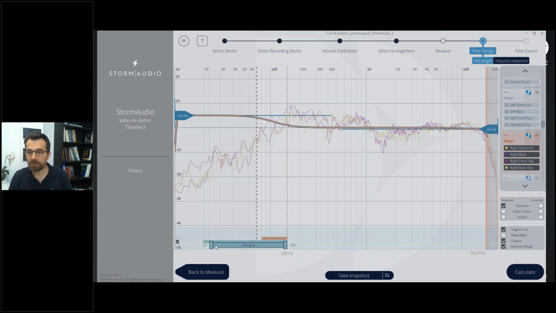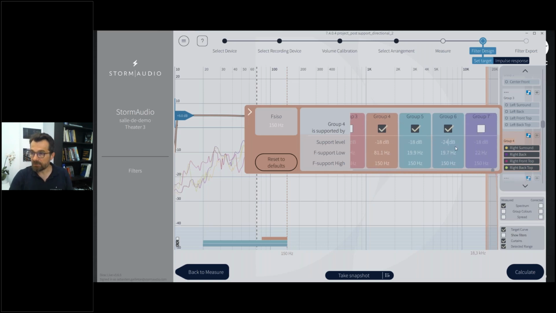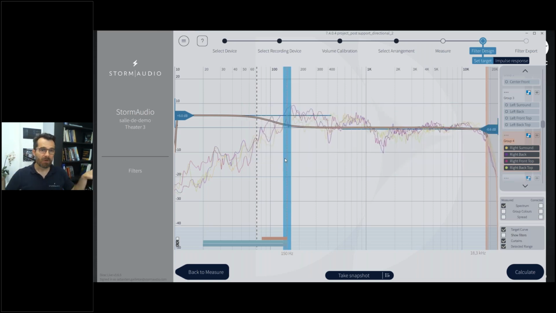And this time, instead of selecting the left side subwoofer, you will select the right side subwoofer as contributor, and you can optionally also go into the support range and indicate that this subwoofer needs to contribute more by lowering the support level. So that's one way to have a little bit more directionality on the low frequency.